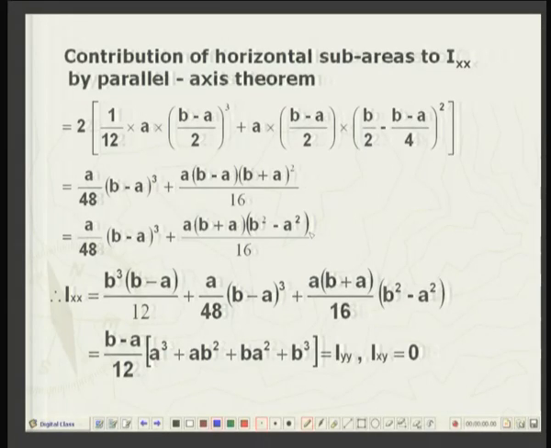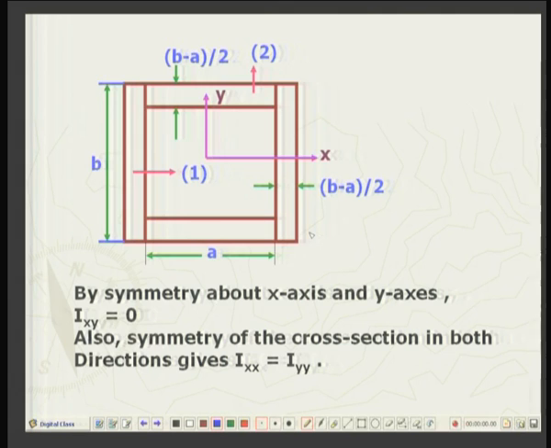And then we come to the horizontal rectangle, this rectangle. Its width is now how much? It will be simply a, okay, and the depth is b minus a divided by 2.